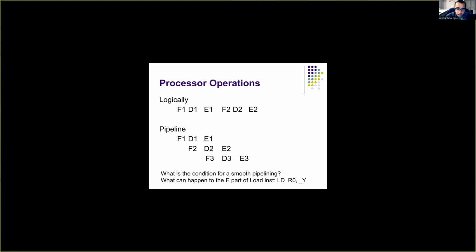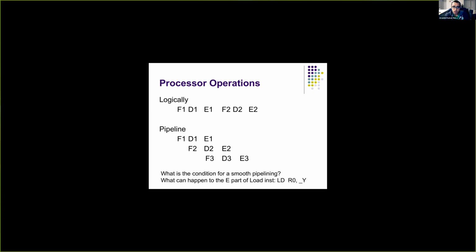At each clock cycle, an instruction moves through the stages. If you look at the clock cycle simulation inside the processor, you can see that there could be several instructions at different stages of execution. For instance, instruction one could be in the execution stage, instruction two could be decoding, whereas instruction three could be in the fetching block.